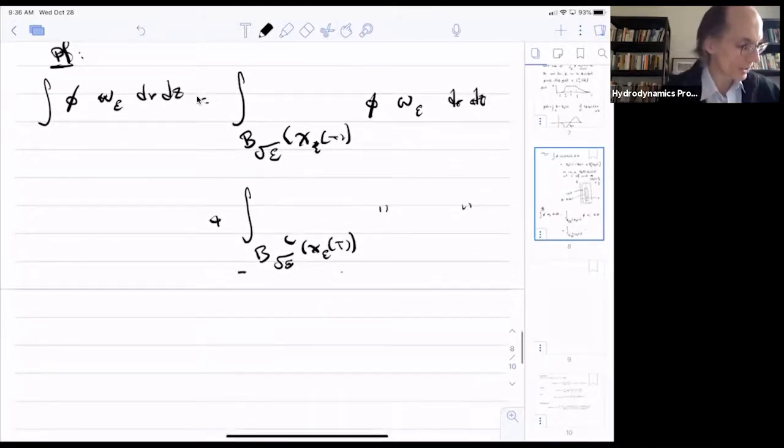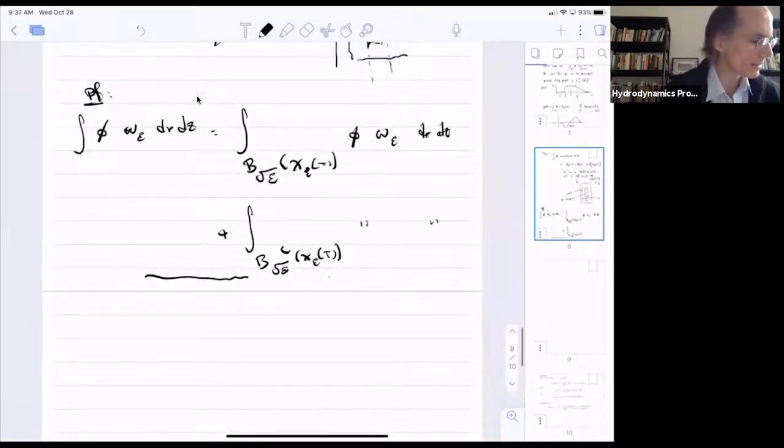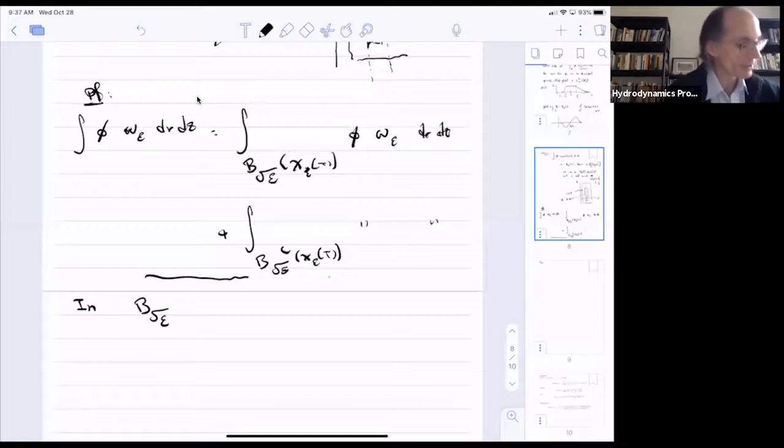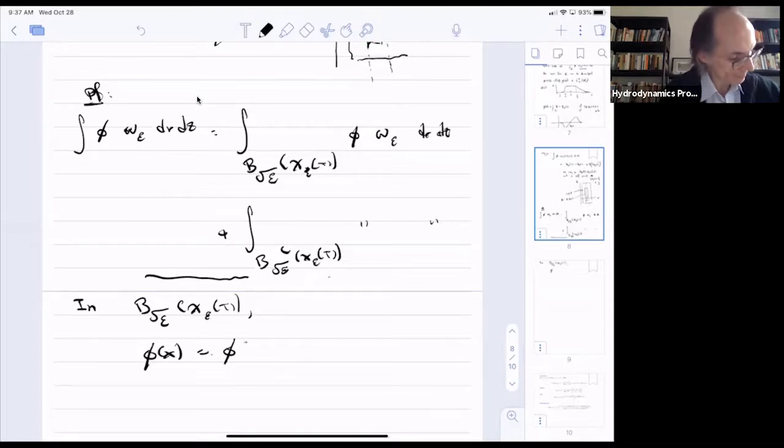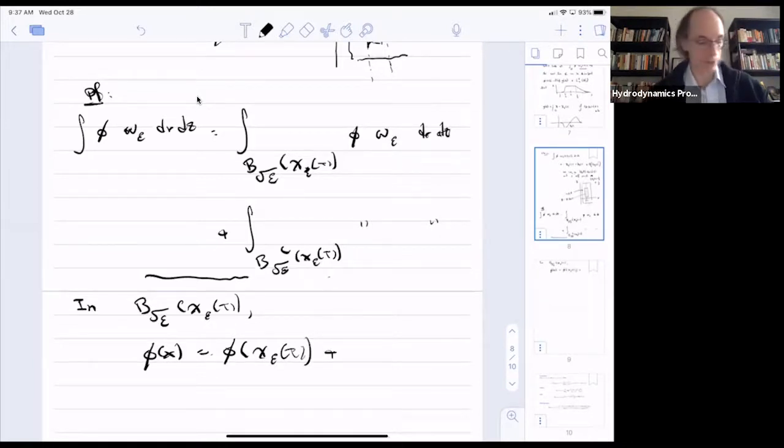Okay, and so in the ball of radius square root of epsilon of x epsilon of tau, we know that phi of x is phi at the center plus something that's bounded by the Lipschitz norm, say the C1 norm of phi, times the radius of the ball.